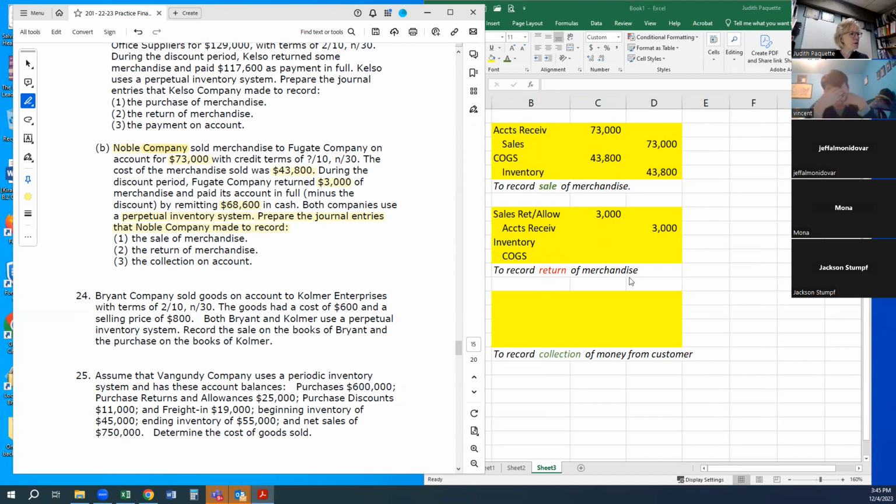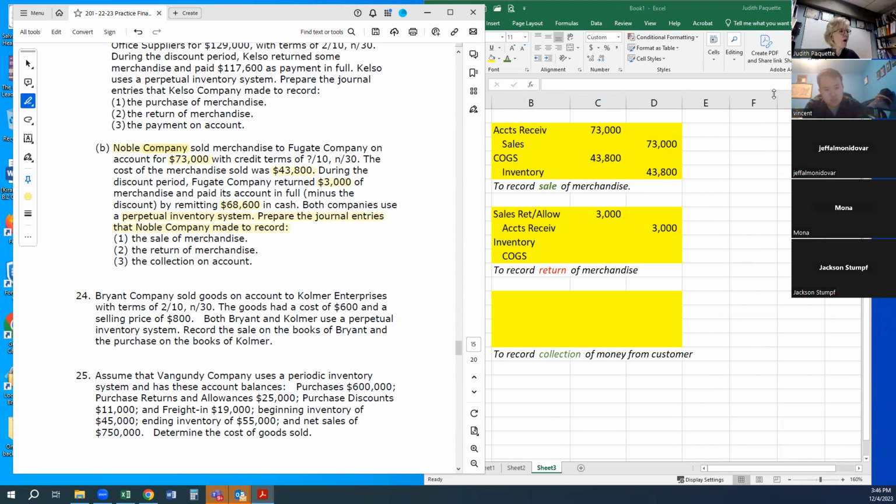So what are we going to use for cost of goods sold for the 3,000 return? How are you going to come up with that amount? Is that what the question is about? Let's see. So we need a system here. How are we going to come up with the cost of goods sold?